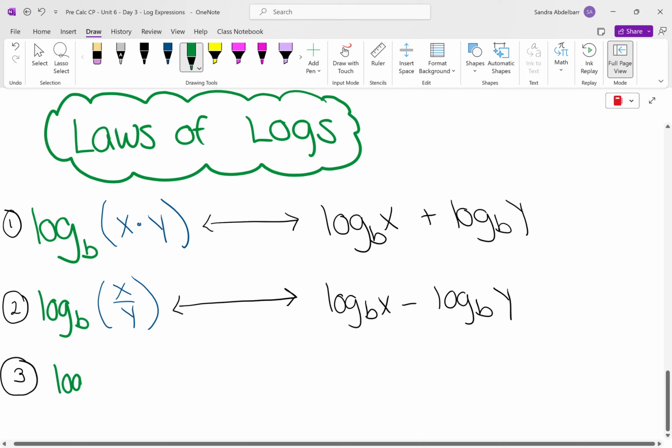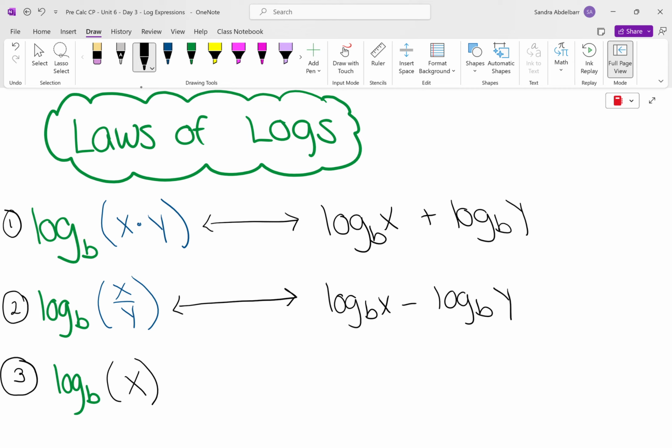Next one. If I have log base b of some argument raised to an exponent, we are allowed to pull that exponent in the front of the log and make it that exponent times our log base b of the argument.